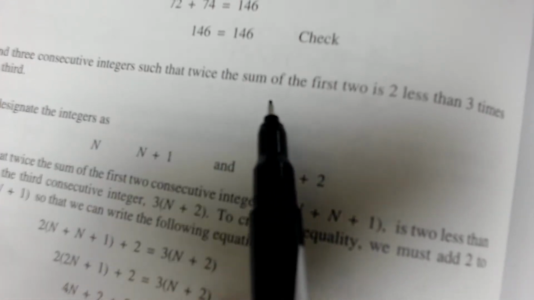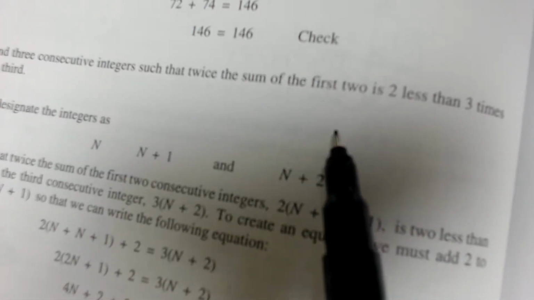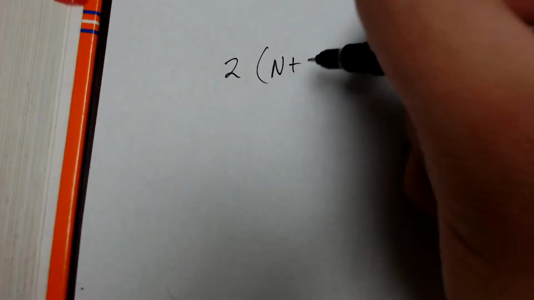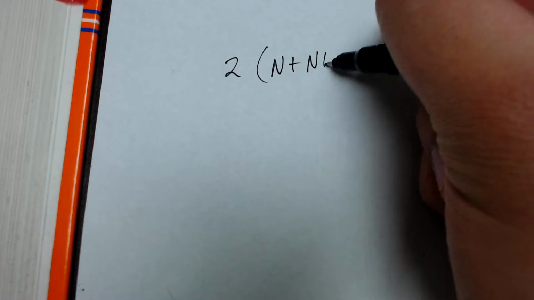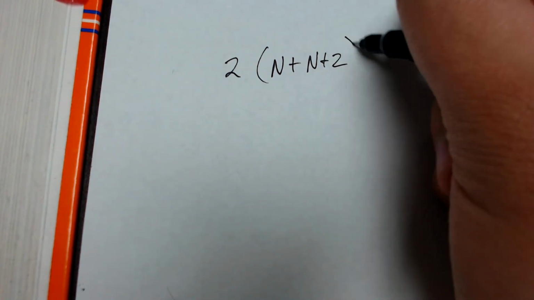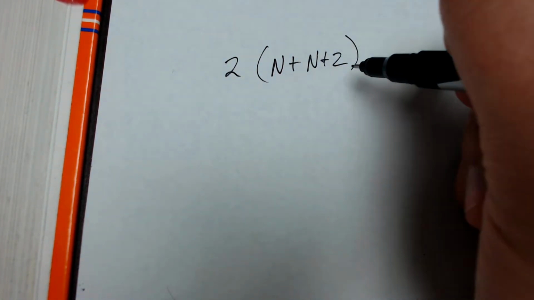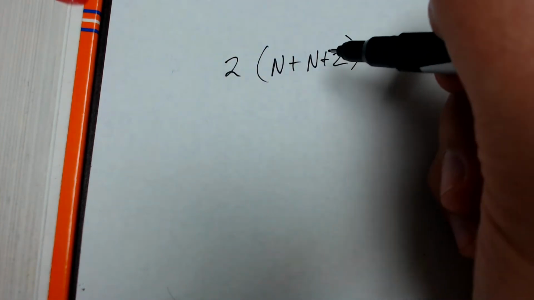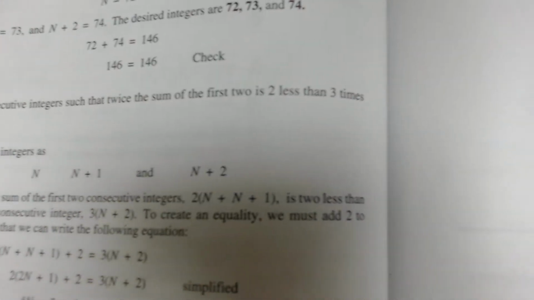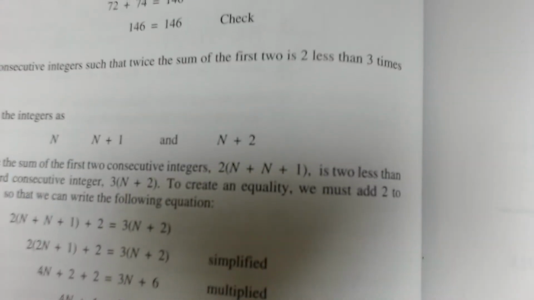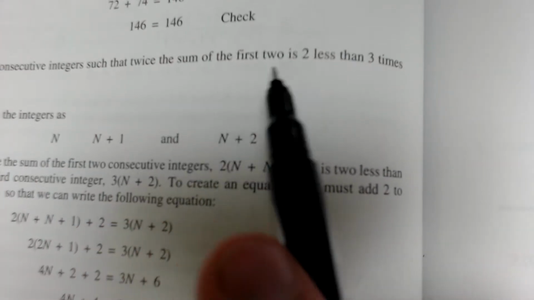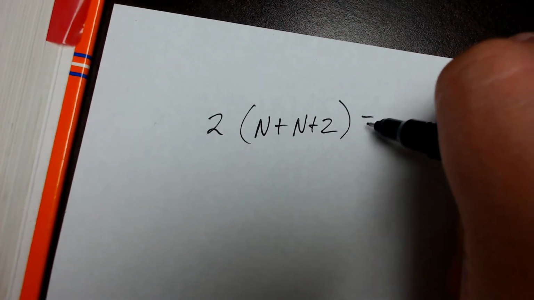So the first integer plus the second integer. The second integer is n plus 2. So n plus 2. 2 times that. And so twice the sum of the first 2 is my equal sign. I'll go ahead and write that down.